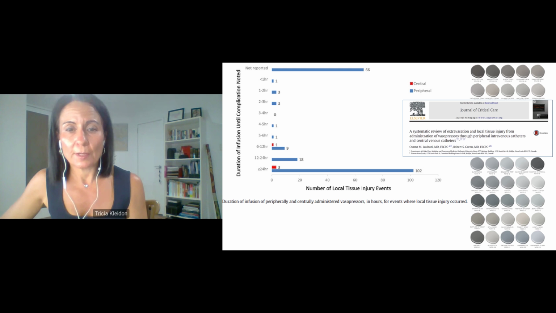So the authors concluded that administration of vasopressors via peripheral lines for short term, i.e. 2 hours or fewer, but no longer than 6 hours might be appropriate. So this is not a very long period of time, but it really does give you the opportunity to use a temporising peripheral intravenous catheter as an emergency measure, but they do stipulate that this should be replaced as soon as possible with a central venous catheter.